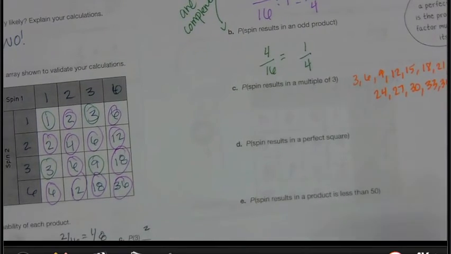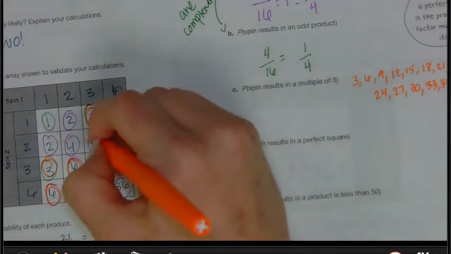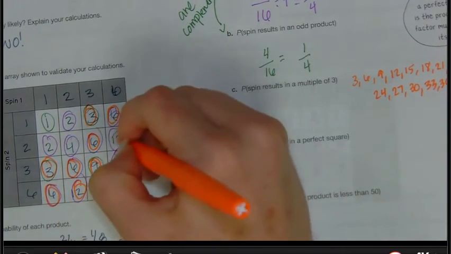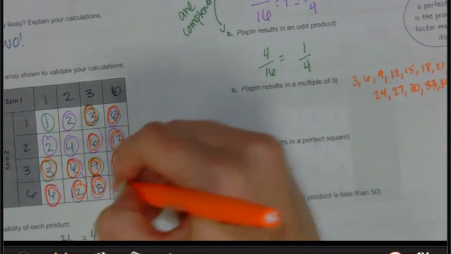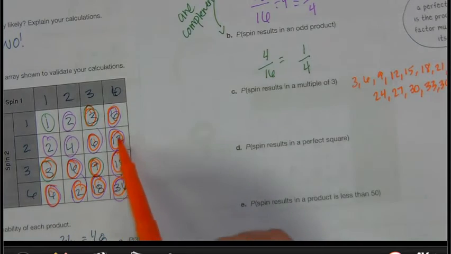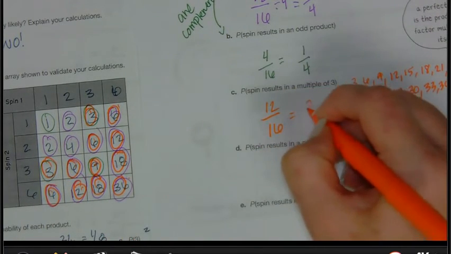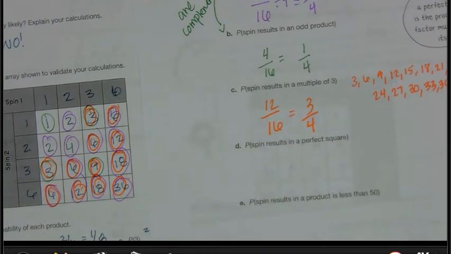So all of my possibilities that I could have, I've got 3, 6, 9, 12, 18, and 36. So I have 1, 2, 3, 4, 5, 6, 7, 8, 9, 10, 11, 12, which is 12 out of 16, which we just found the reduced form is 3 out of 4.